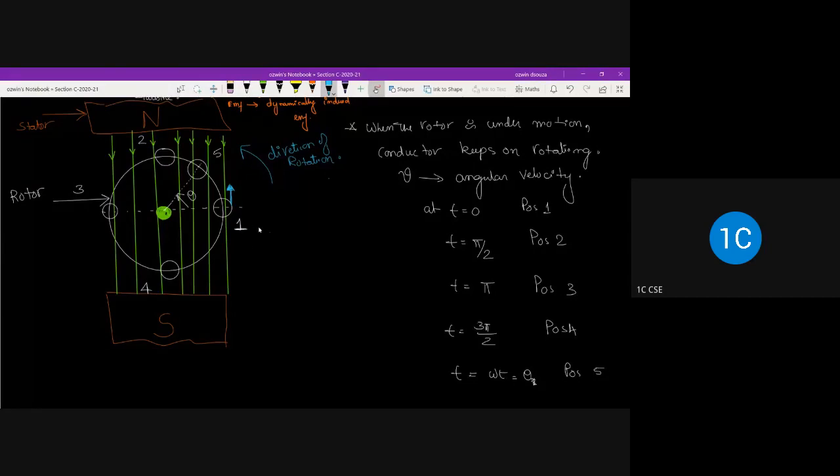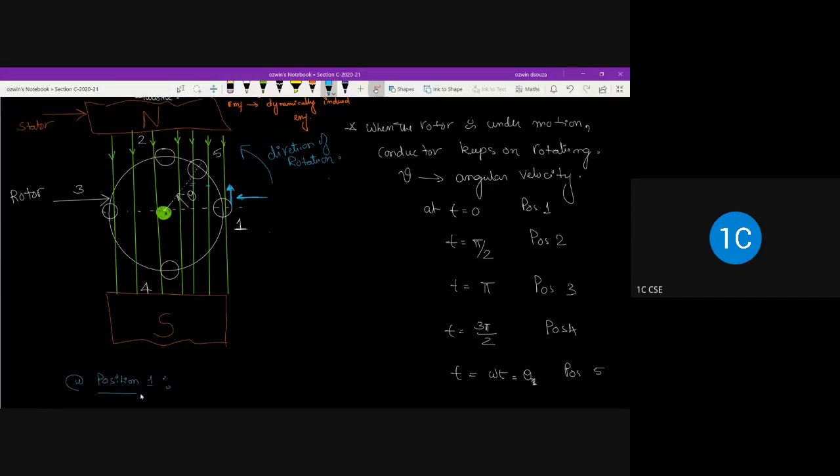So the tendency of motion can be considered as vertically upwards. At this particular movement, you can see that the conductor is trying to move parallel to the flux lines, isn't it?